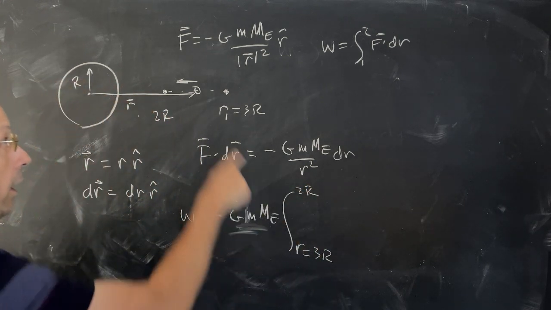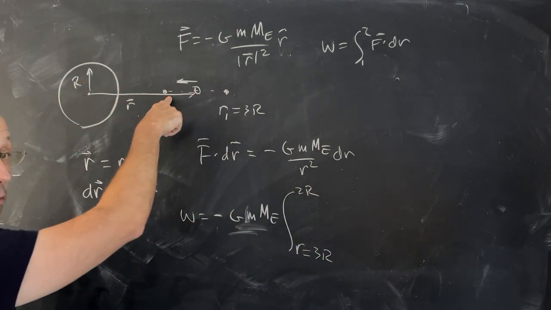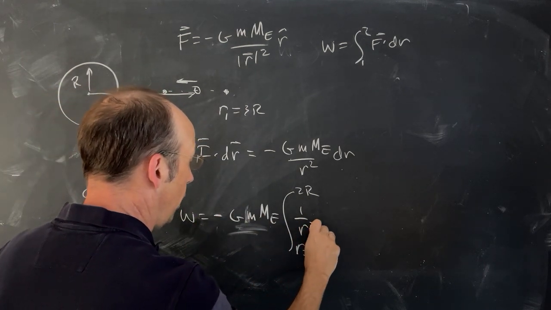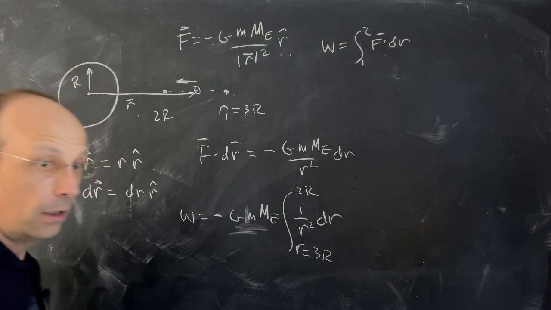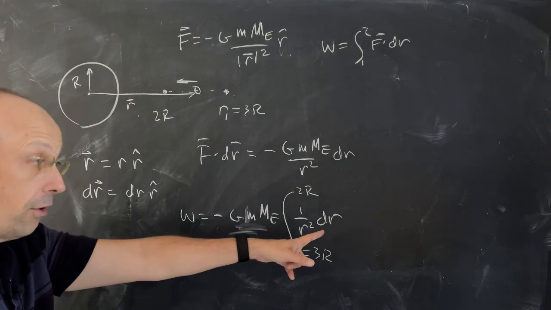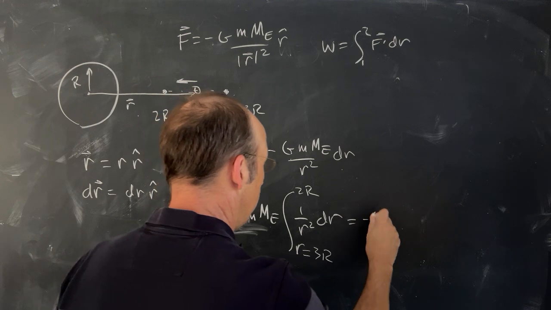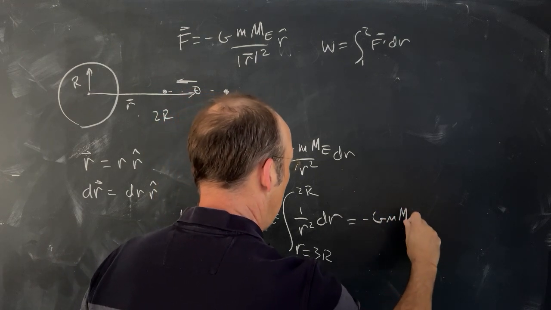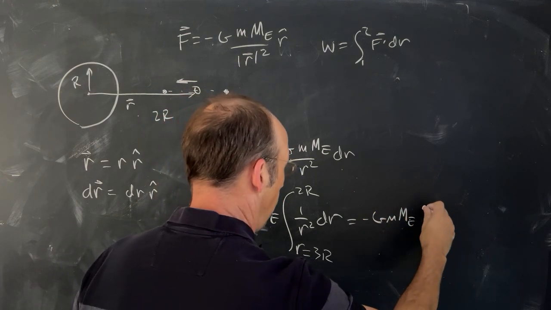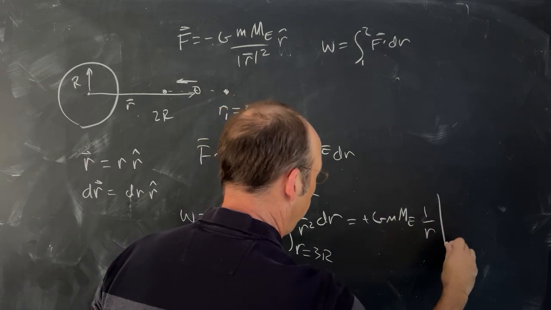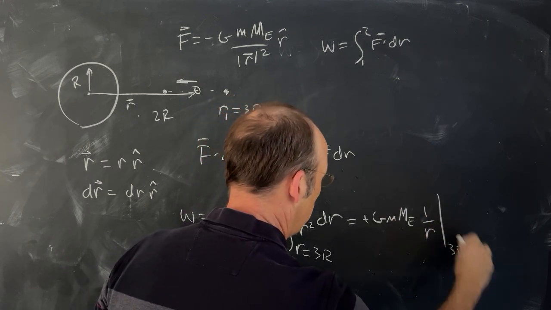So I'm going from r1, which is there, to there. And then I have 1 over r squared dr. So my integral only depends on r. I can integrate that. It's not too bad. So I get negative G mass of the Earth times negative 1 over r from 3R to 2R.